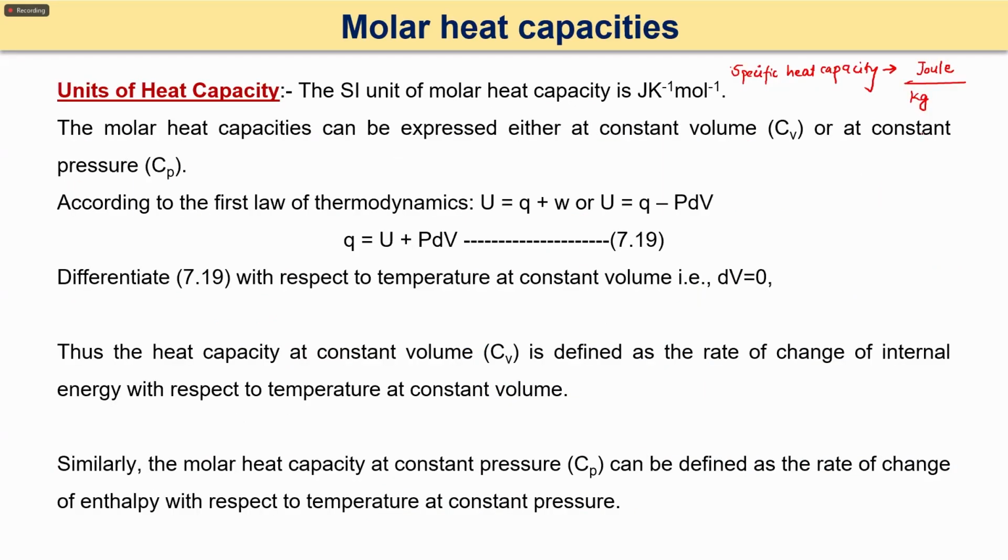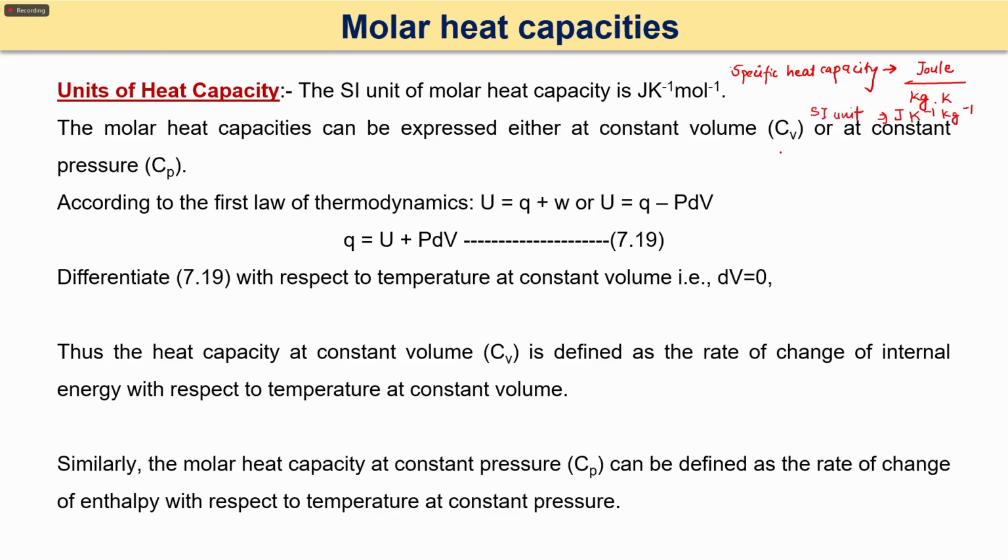So we will write Kelvin. So what will it become? It will become Joule, which is denoted by J, per Kelvin per kg. So this is the unit for specific heat capacity.